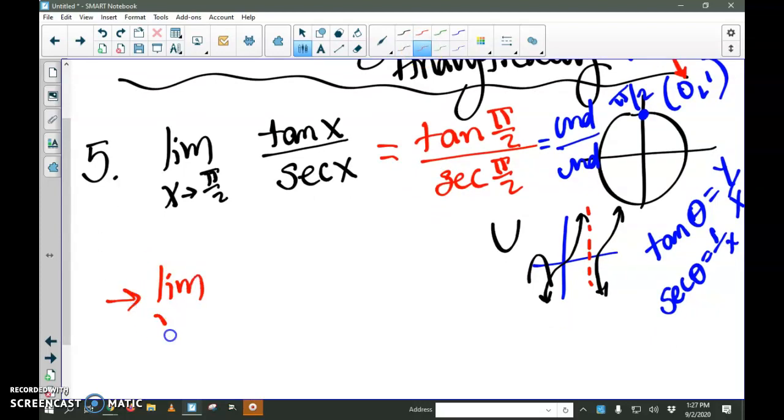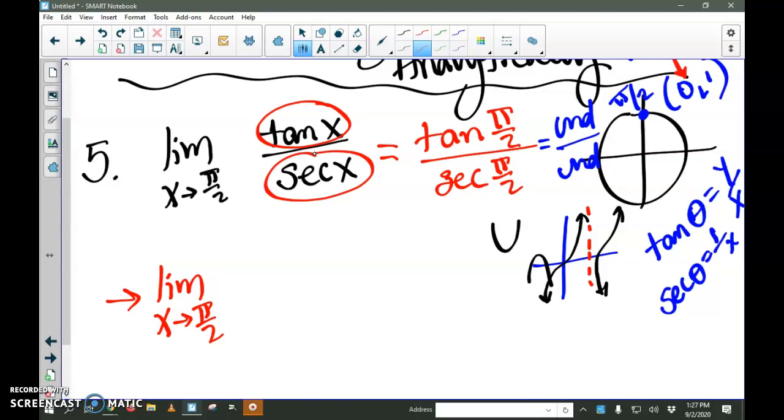I'm going to rewrite the limit as x approaches pi halves. And I somehow have to manipulate the tangent, or manipulate the secant, or manipulate both of them. And this is why you need to be familiar with or comfortable with the trig identities. And so the first trig identity we're going to use is a quotient identity.